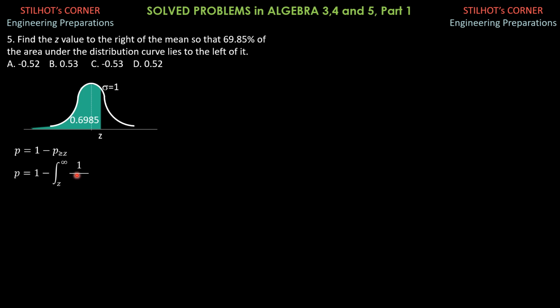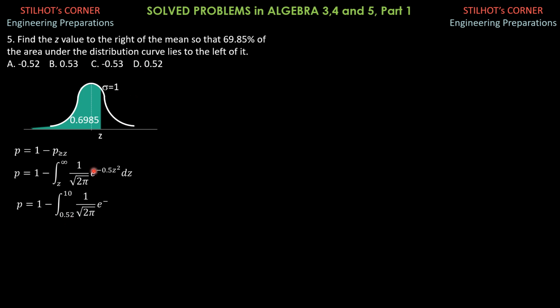So you can even select infinity equal to 5 if you want. So this is 1 minus the integral from z to infinity of 1 over square root of 2 pi e to the negative 0.5 z squared dz. As I said, you may choose 5 if you want, but in this case, I'll just choose 10.